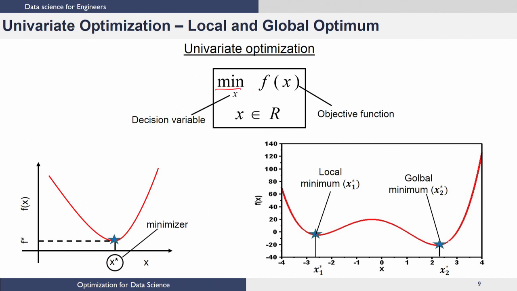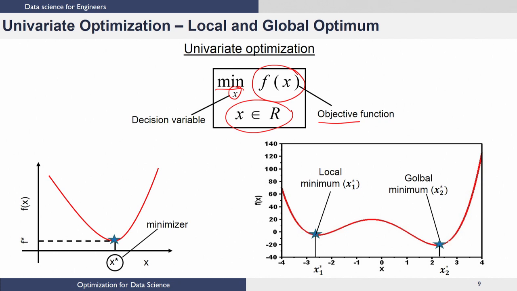When you look at this optimization problem, you typically write it in this form, where you say I am going to minimize something, this function here, and this function is called the objective function. The variable that you can use to minimize this function, which is called the decision variable, is written below here, x, and we also say x is continuous, that is, it could take any value in the real number line.